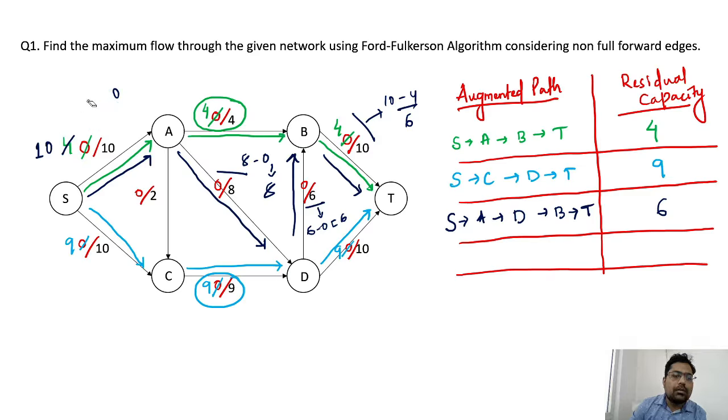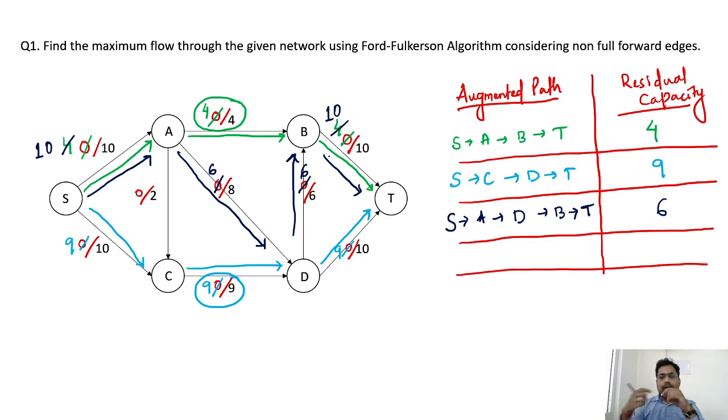Next, previously it was 0, now it will be updated as 6. 0 plus 6 is 6, so 6 is the flow now. Next, here 0 was previously existing, now we put 6. Here previously it was 4, now it will be considered as 10.